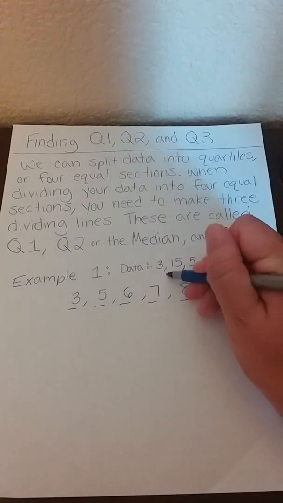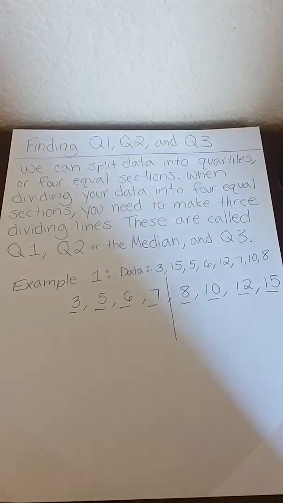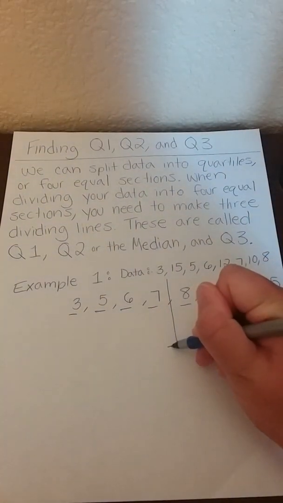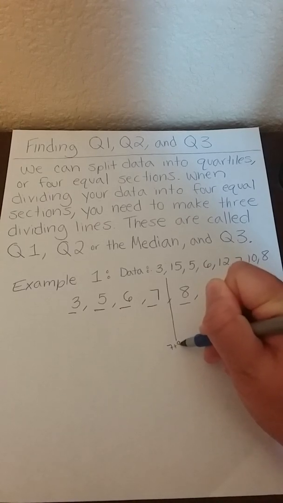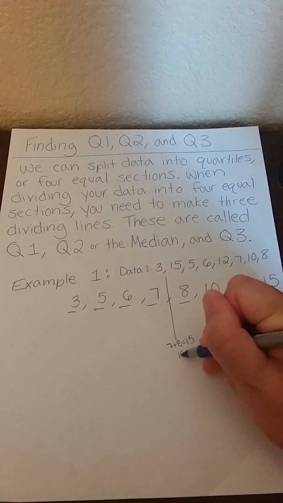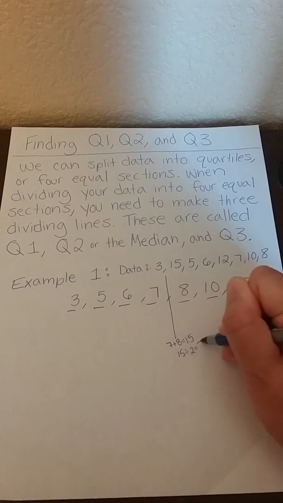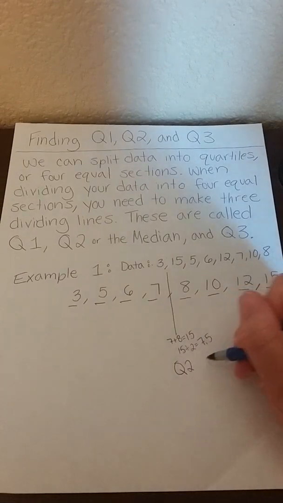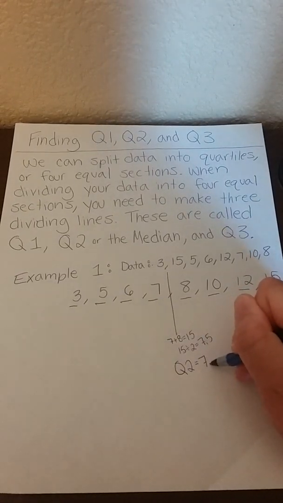Okay, the middle of this data is in between 7 and 8. Since it's in between two numbers, to find what it is, I'm going to add them and divide by 2. So 7 plus 8 is 15. 15 divided by 2 is 7.5. So Q2, or the median, is 7.5.